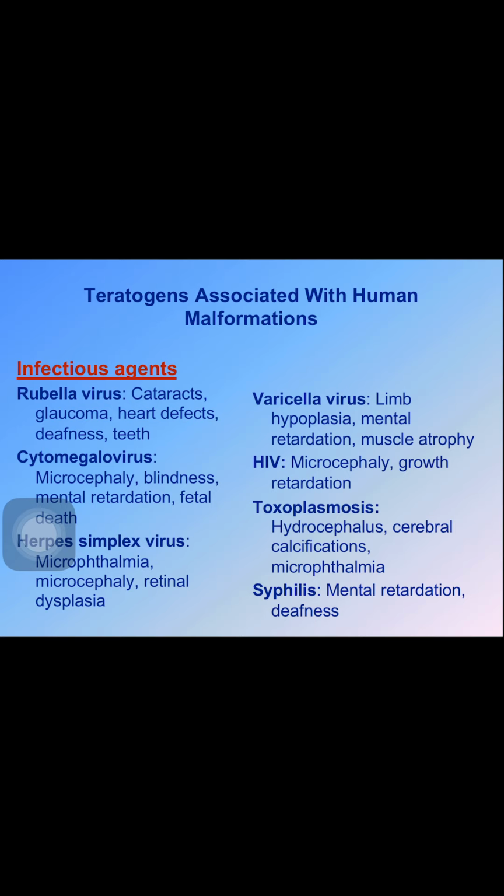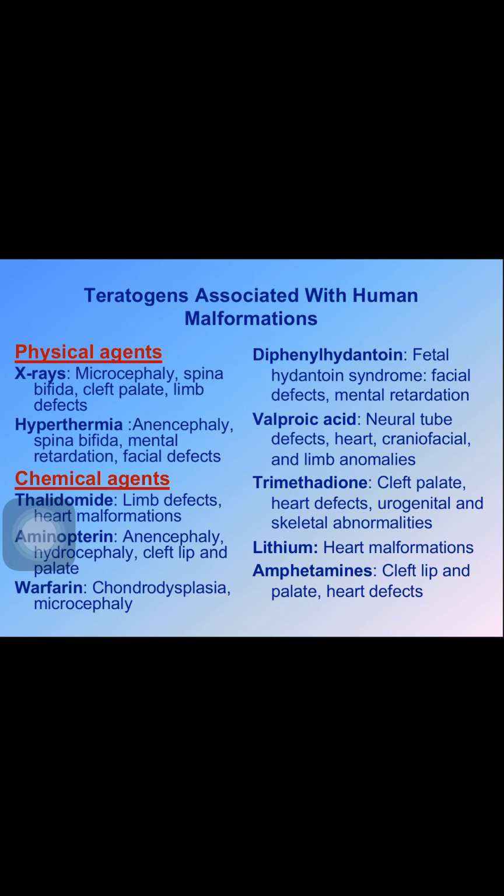So we'll go quickly through a list of the agents associated with human malformations. Infectious agents like rotavirus, cytomegalovirus, herpes simplex virus, varicella virus, HIV virus, toxoplasmosis, syphilis. Physical agents, X-rays, hypothermia.